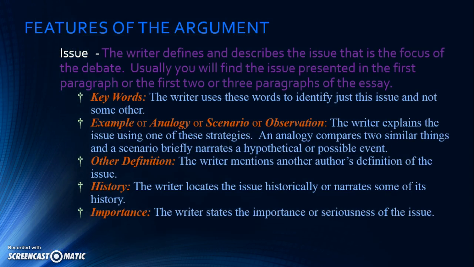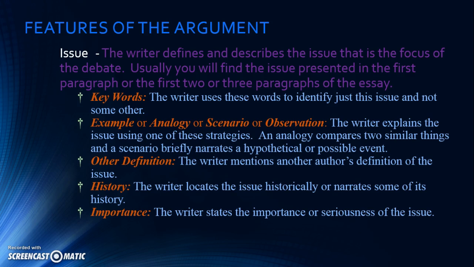Okay, so first off, let's take a look at features of the argument. The writer is defining and describing the issue that is the focus of the debate. So you're going to be looking for it within the first 2 or 3 paragraphs of the essay. And this is as simple as finding keywords, an analogy, an anecdote, an observation, a scenario, something that is defined by the author.